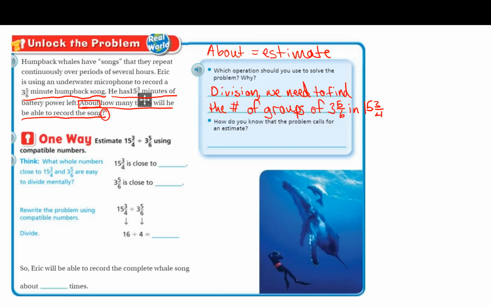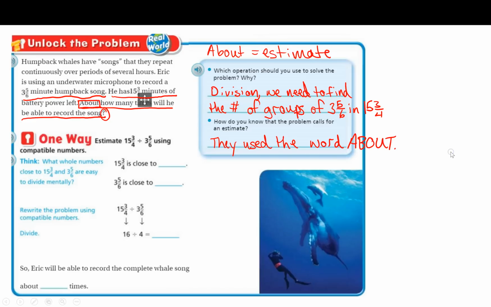And then how do we know the problem calls for an estimate? They use the word about. That is our clue. That keyword about is our clue.